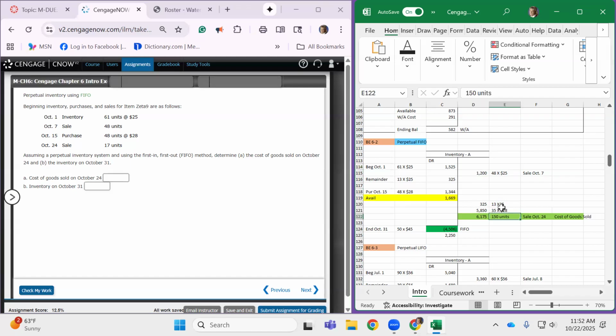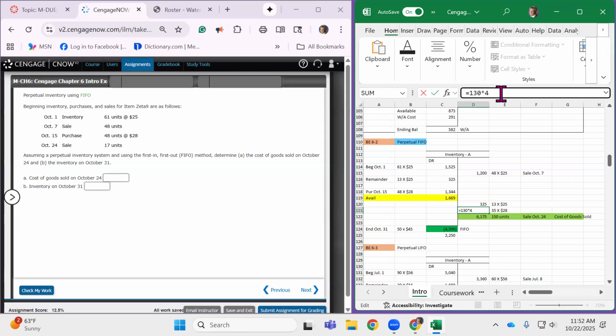We only had 13 items remaining when we made this 48 item sale. I know a lot of this starts to get pretty complicated. So the cost of what we sold on October 24th, I've got to make sure these numbers are correct before I put them in.